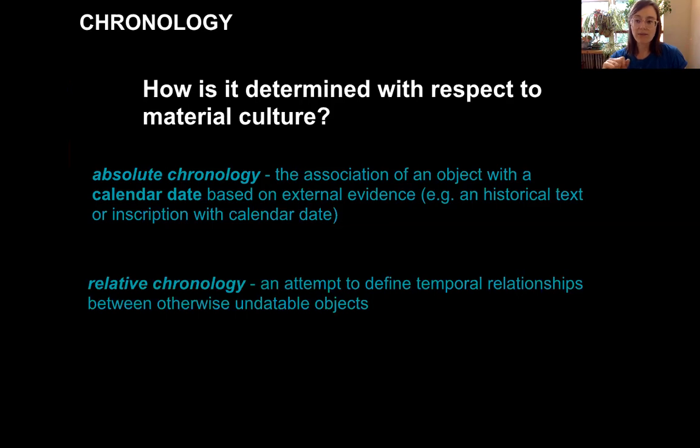What we have more often for ancient objects, things that are rediscovered in the field, is something called relative chronology. And so this is defining objects by their relationships to one another, often visually. This is also part of why the formal analysis, when I was talking about form, is scientific, because form is one of the ways that we can work to find chronology and temporal relationships, which then allow us to build a history.